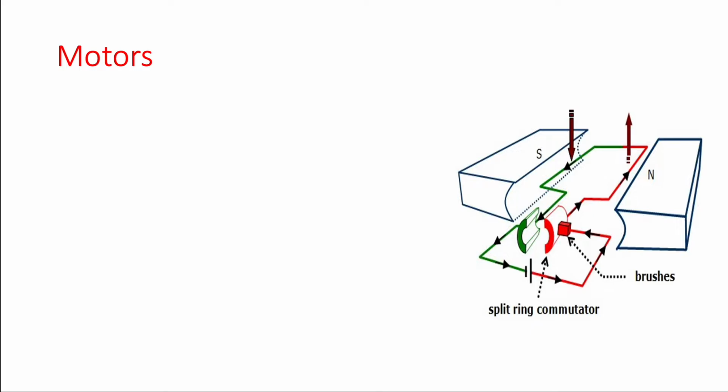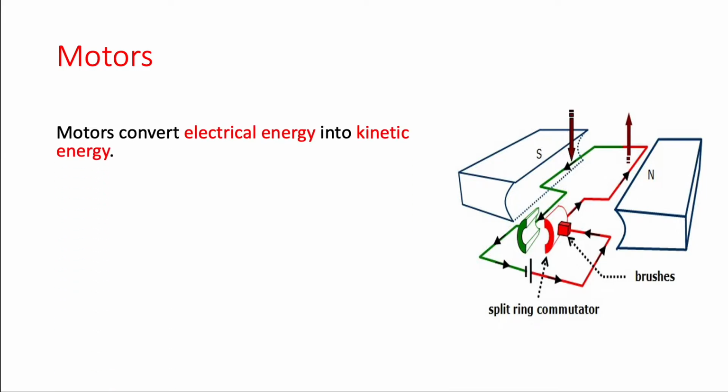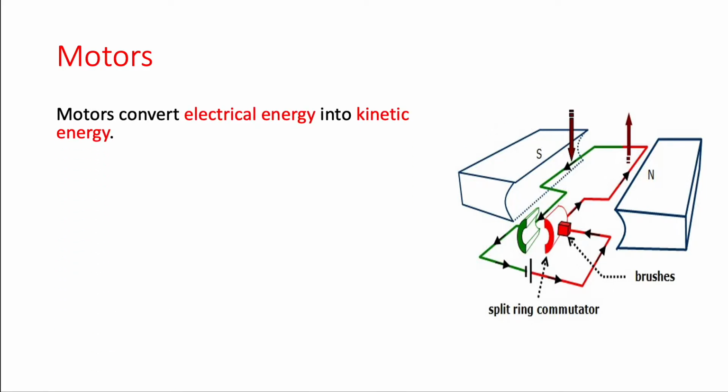It's made of a magnetic field which is interacting with a coil of wire, and that coil of wire is connected to a battery. The point about a motor is that it takes in electrical energy from the battery and turns it into kinetic energy.